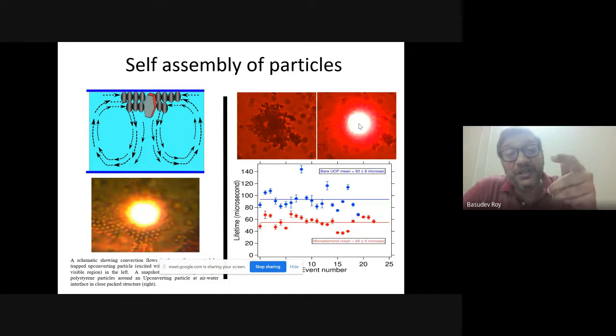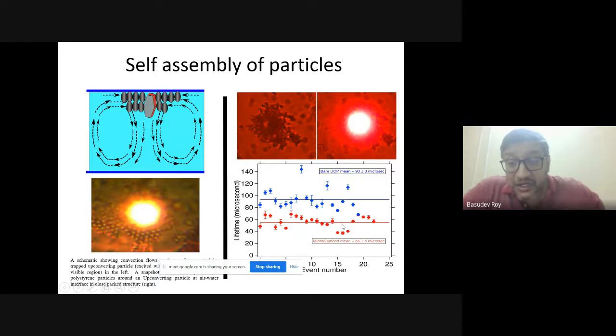If you match the emission coming from the upconverting particle with that of the quantum system, you can have interesting effects. So what are the sorts of effects? I measure the lifetime very carefully. I find that without the NV centers, without the diamonds, it is about 100-ish, 93 plus minus 8 microseconds. But if you put the diamonds in, the lifetime goes to half, 55 plus minus 5 microseconds.